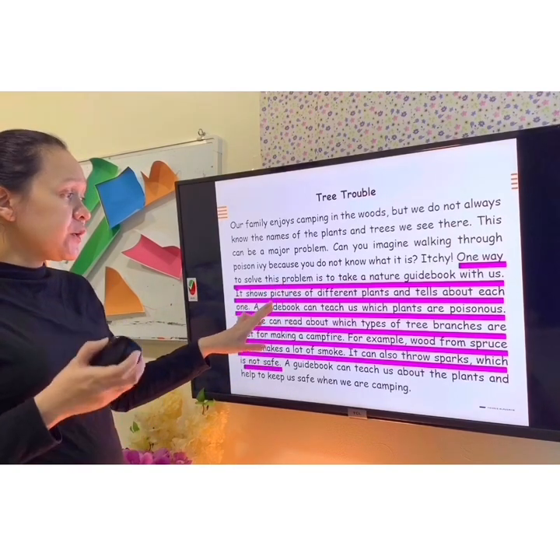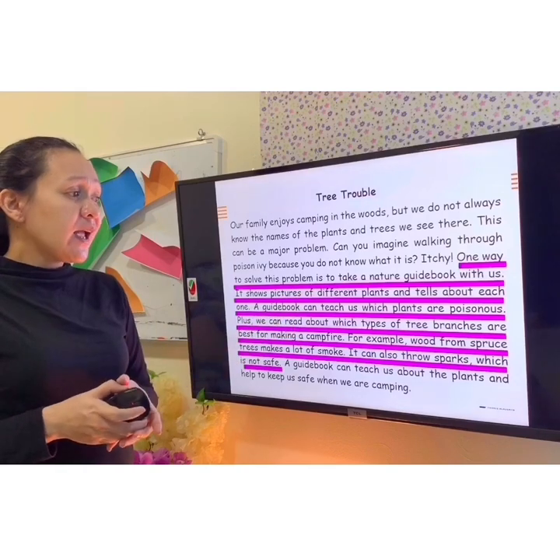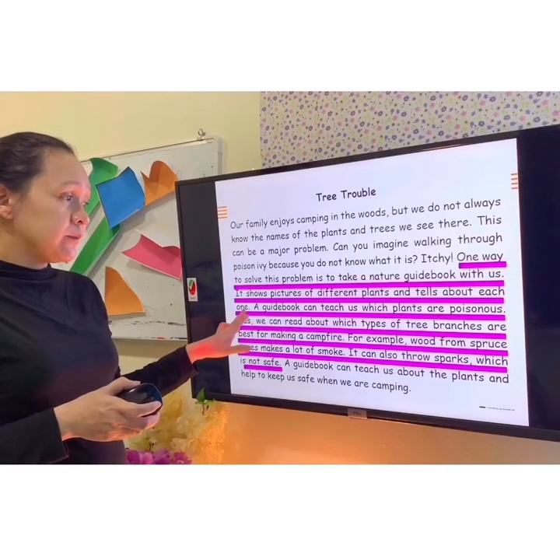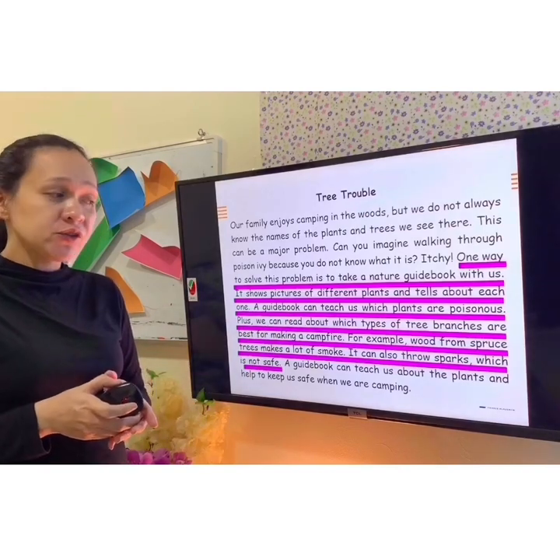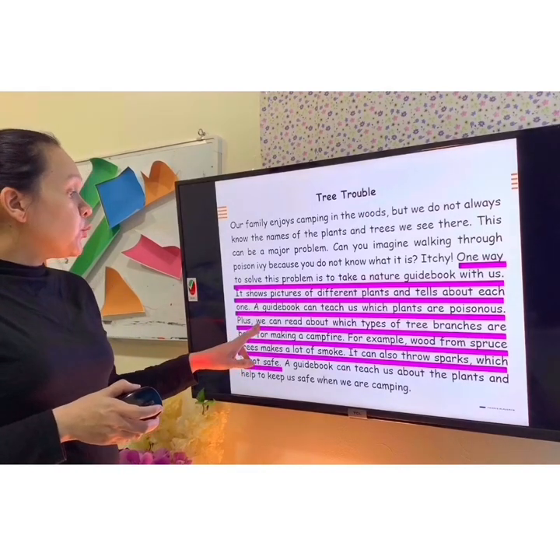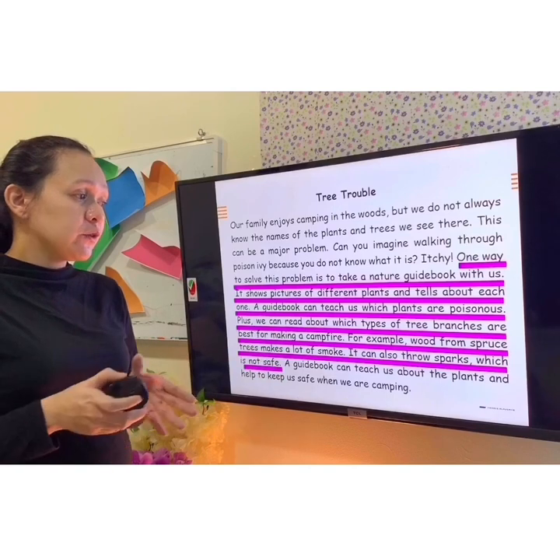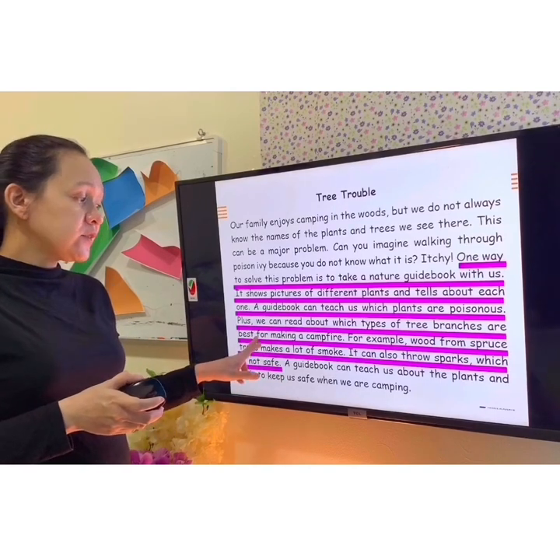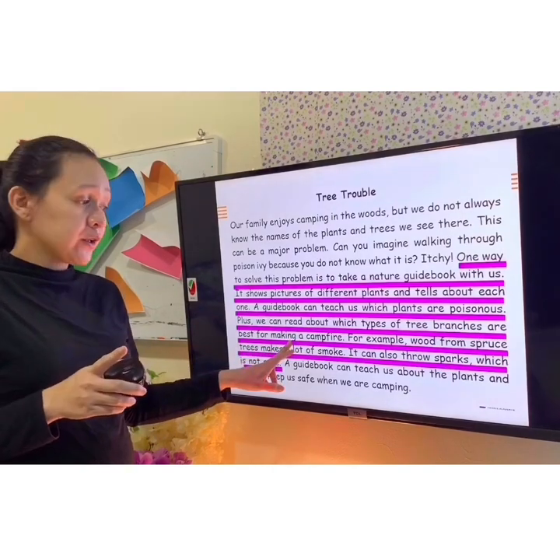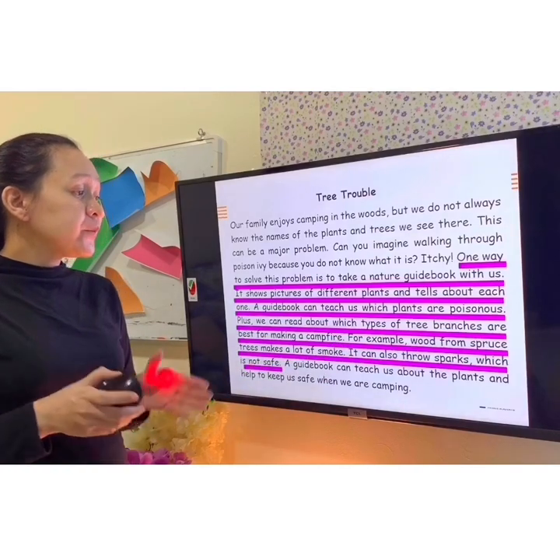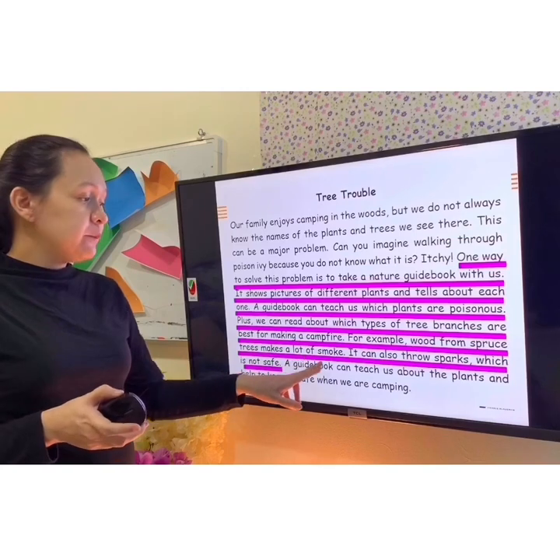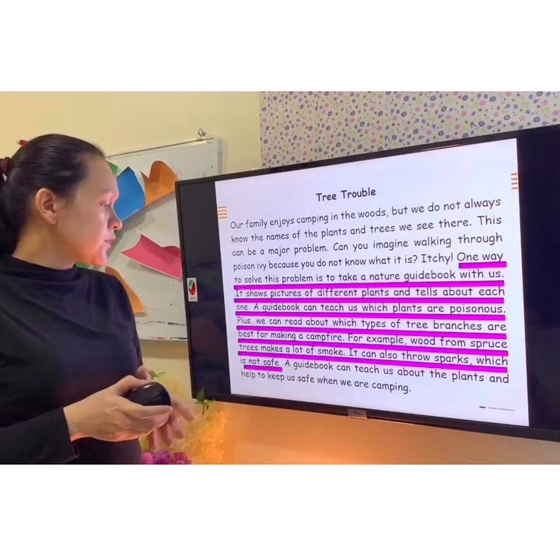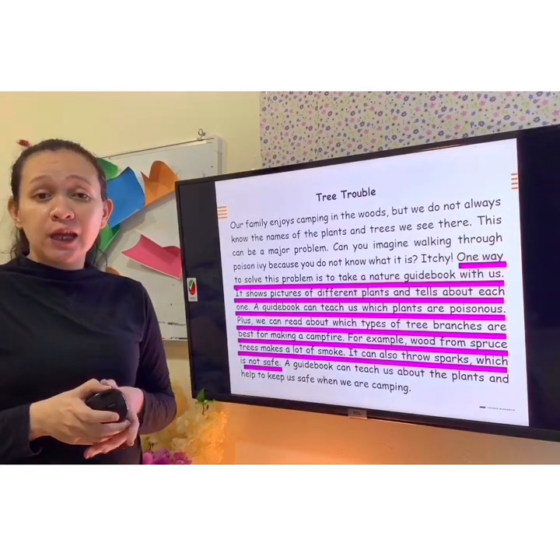It shows pictures of different plants and tells about each one. A guidebook can teach us which plants are poisonous. Plus, we can read about which types of tree branches are best for making a campfire. For example, wood from spruce trees makes a lot of smoke. It can also throw sparks, which is not safe.